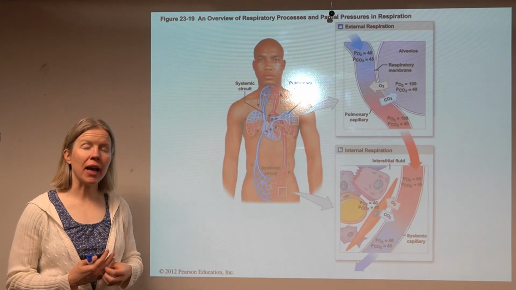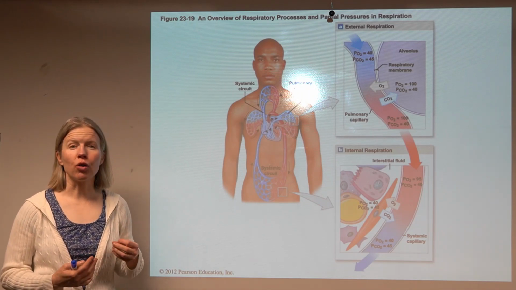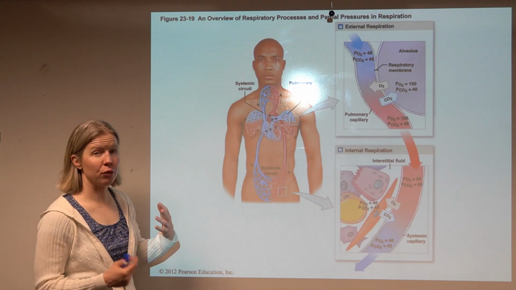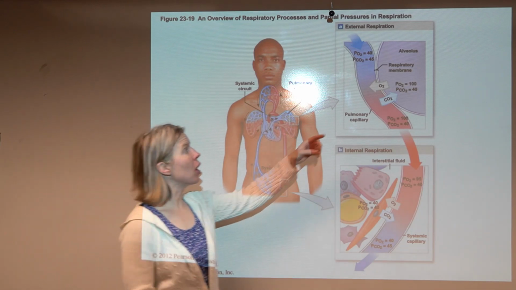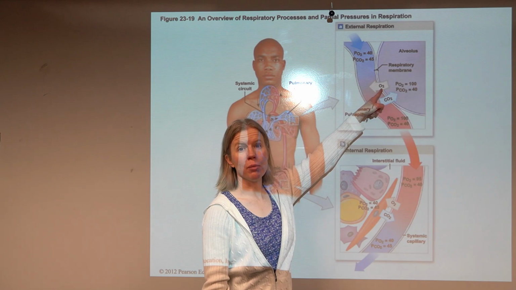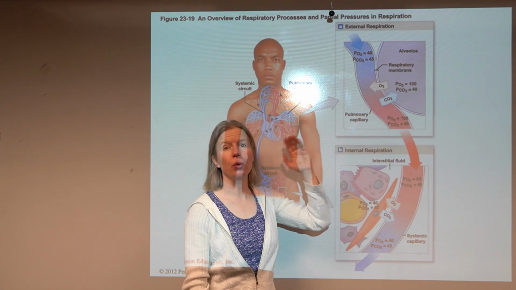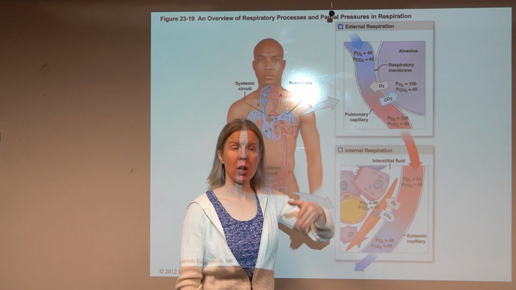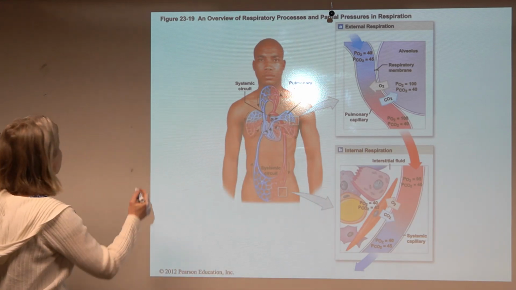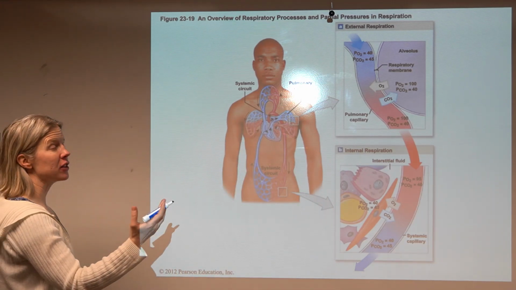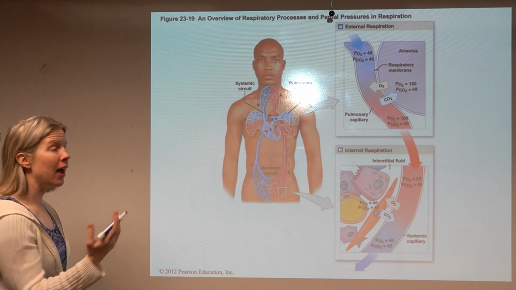How gases diffuse is ruled by a couple of laws. When we talk about gases diffusing, we mean oxygen moving from the alveolus into the blood and the CO2 doing the opposite. The two laws that we have to deal with are Dalton's law and Henry's law.